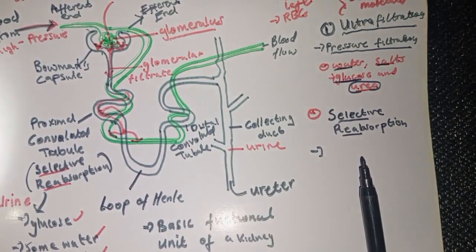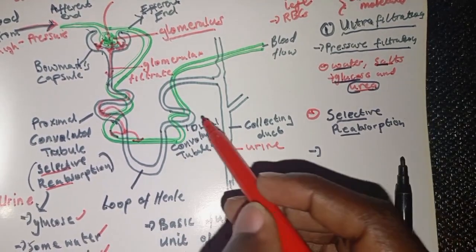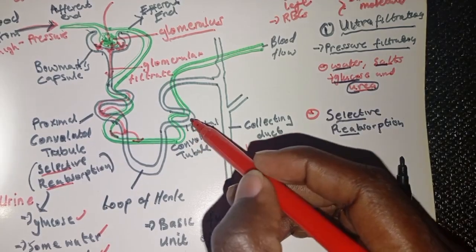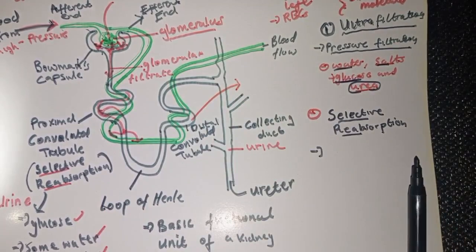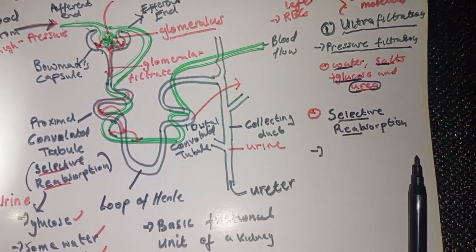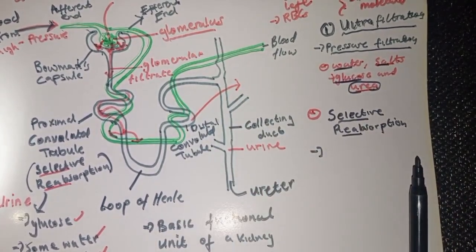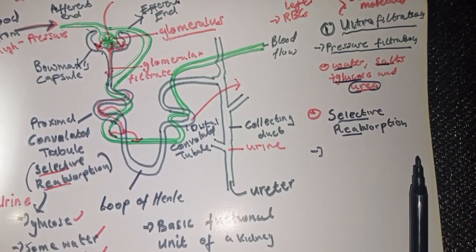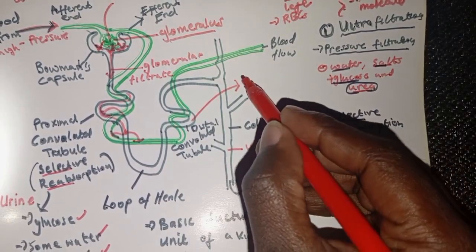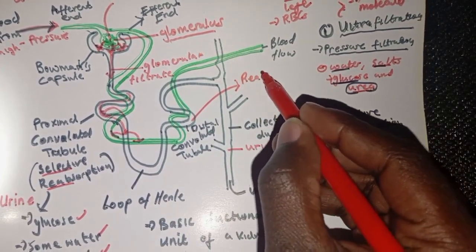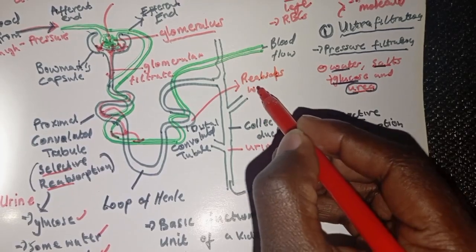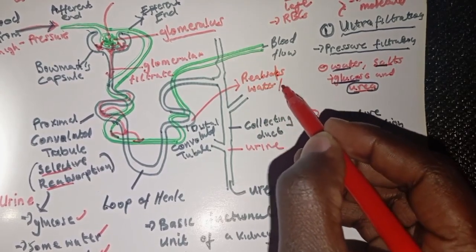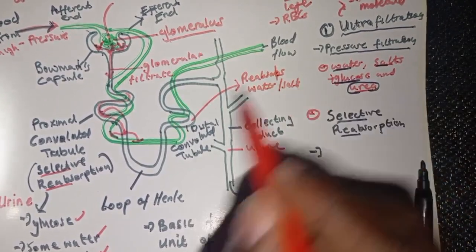Then the other convoluted tube, or this one, mainly what it does is it is also for reabsorption, but this one mainly reabsorbs water. It will reabsorb water and salts.